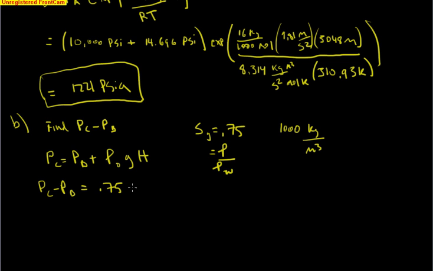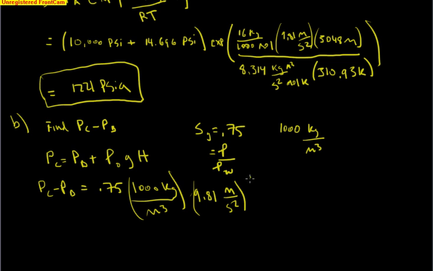So PC minus PB is equal to 0.75 specific gravity, multiplied by rho W, which is 1,000 kilograms per meter cubed. Okay, and then we're going to multiply by 9.81 meters per second squared.